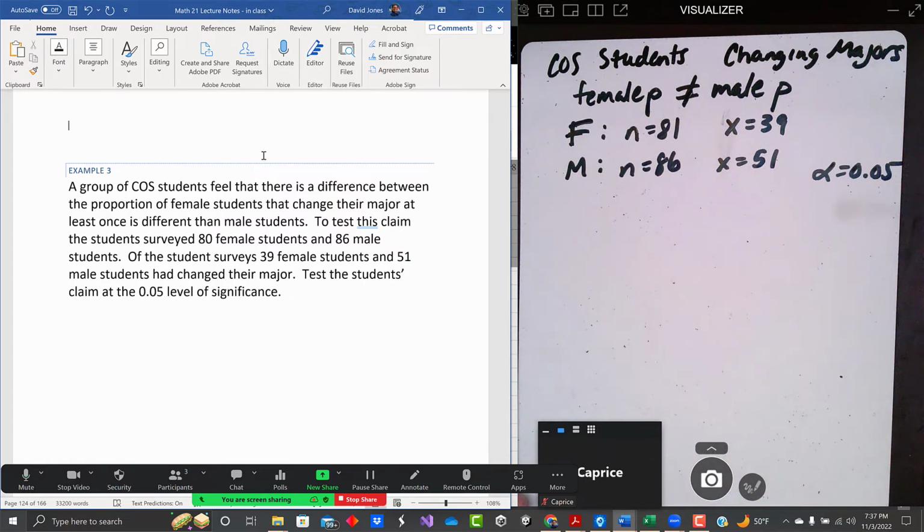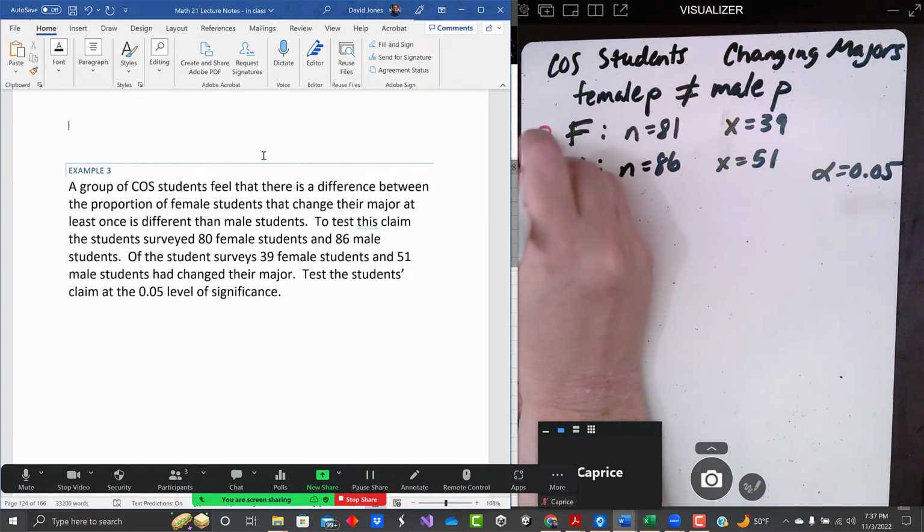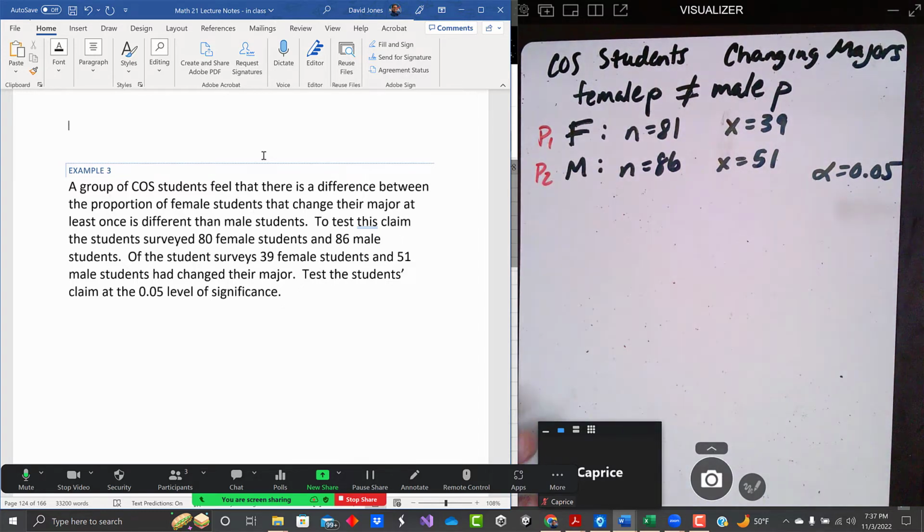So the not equal should be fine. It doesn't matter which one we label which, so I'll just do them in order. They talked about females first and males second, I'll use that order.